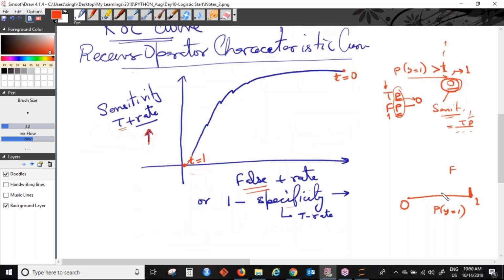Now when you have your threshold at 0, how many ones will you predict? Going by the similar concept, if this is your threshold, how many ones will you predict? Yes guys, if your threshold is 0, how many ones will you predict?